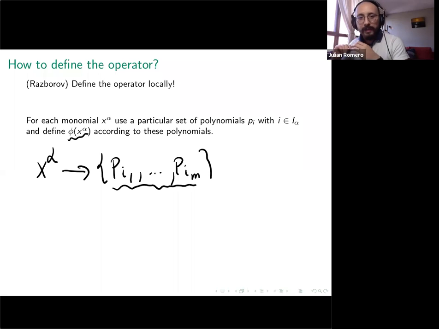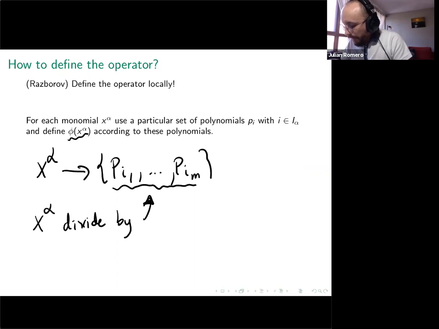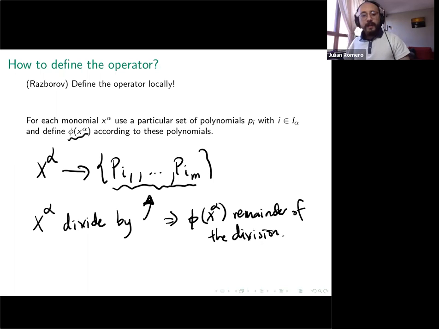The way I'm going to do it is as follows. The basic idea is that I'm going to take x to the alpha and divide by these polynomials, and then define phi of x to the alpha as the remainder of the division. Okay, and this is how you can define it.